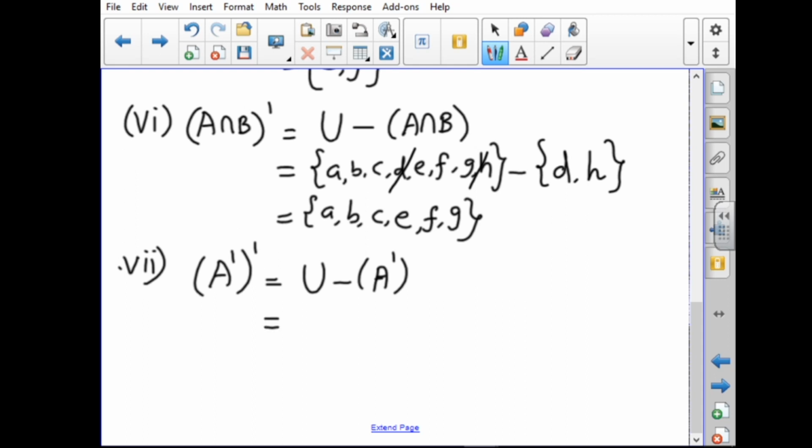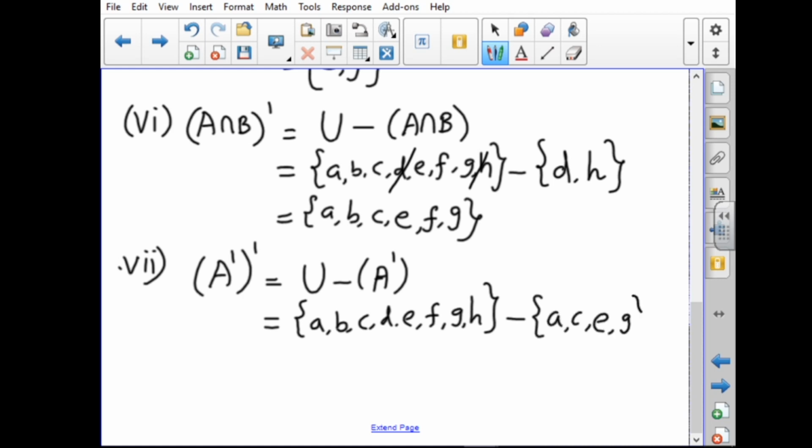The universal set is A, B, C, D, E, F, G, H. Minus A dash, which we already found, that value is A, C, E, G. That is your first subdivision. So you have to eliminate those values from the universal set. So what do you get?